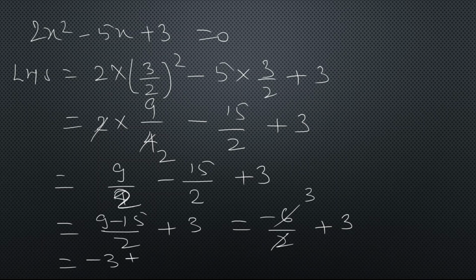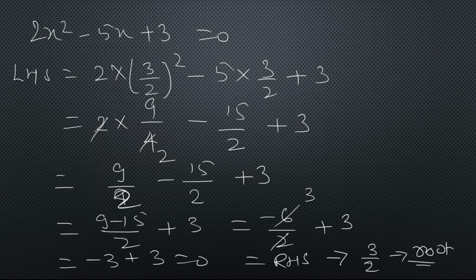So minus 3 plus 3 is equal to 0, which is equal to RHS. This means 3 by 2 is a root. So 3 by 2 is the other root. So what was our purpose? Find the solution of a quadratic equation.